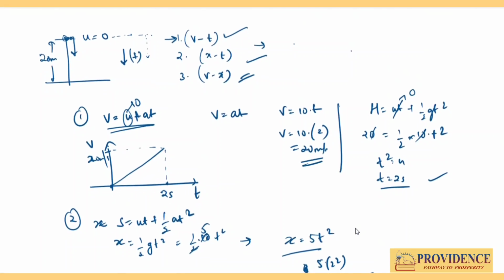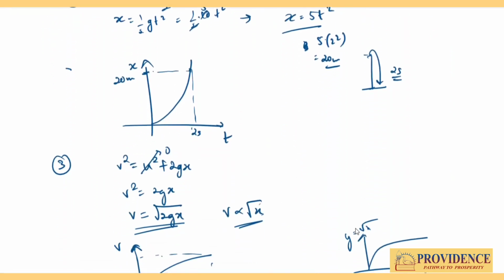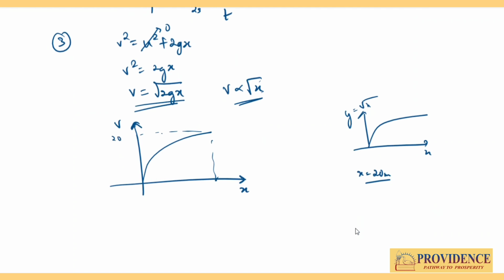Yes, it is going to strike at 20 meters per second. So the value of x should be 20, and this is also 20. And we can check it: v equals root over of 2 into 10 into 20, so this is root over of 400, which is 20 meters per second. Yes, so this is how we should plot the graphs.